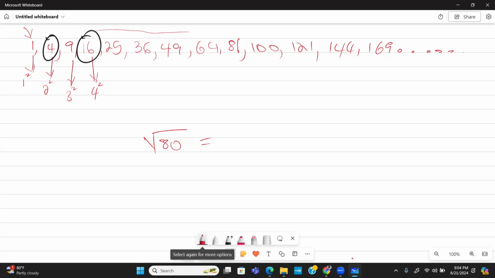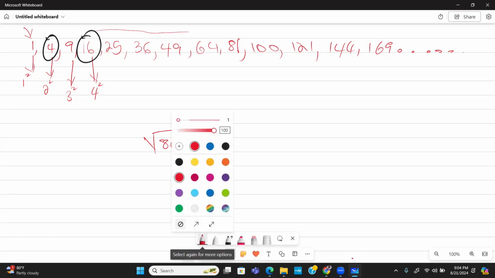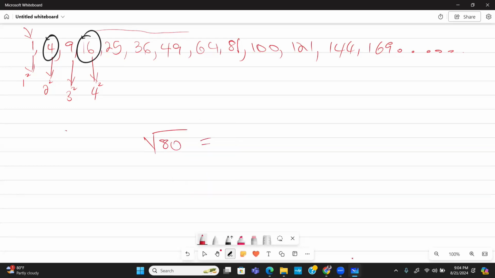So I'm going to use 4 here, but I'm going to show you why I'll choose 16 rather than 4. We could have written the root of 80 as 4 times 20. This goes further to the root of 4 times the root of 20. The square root of 4 is 2, and then we have our root 20.